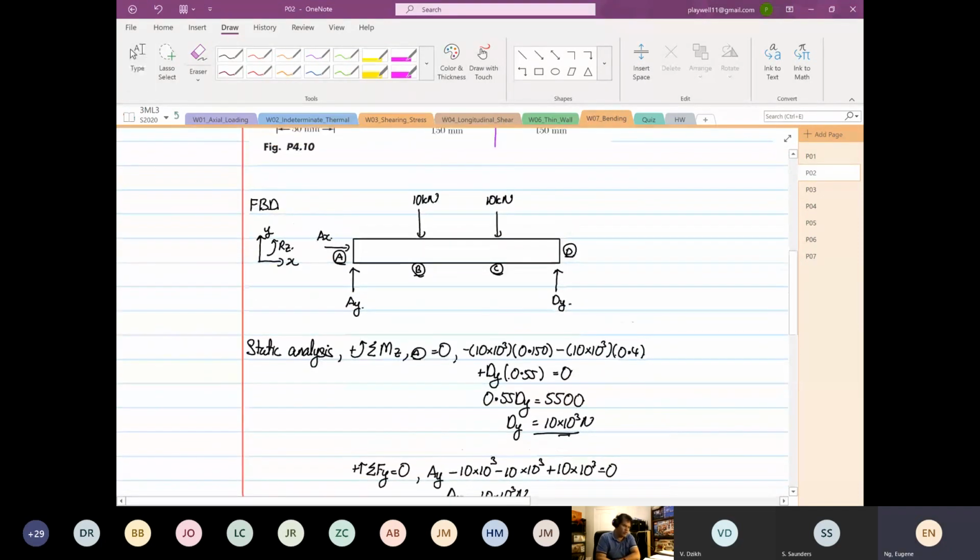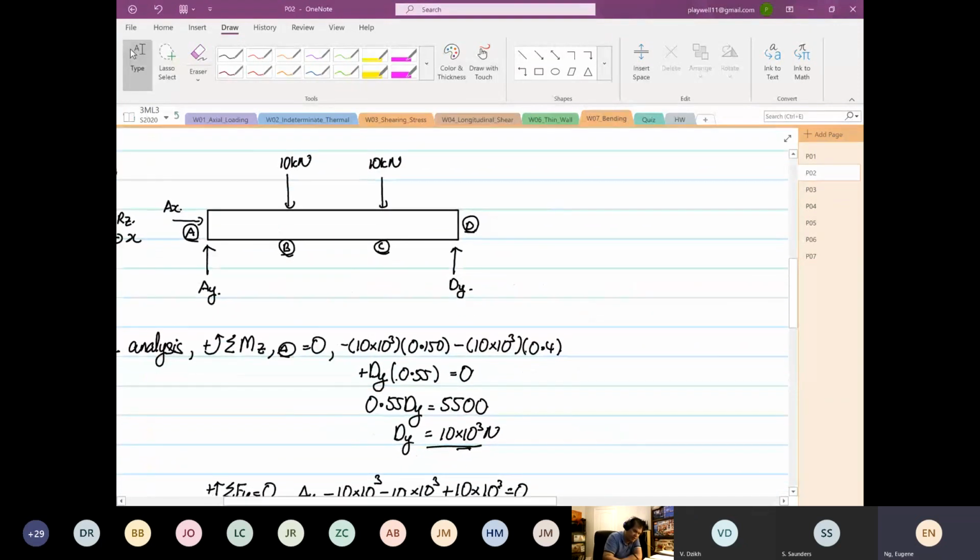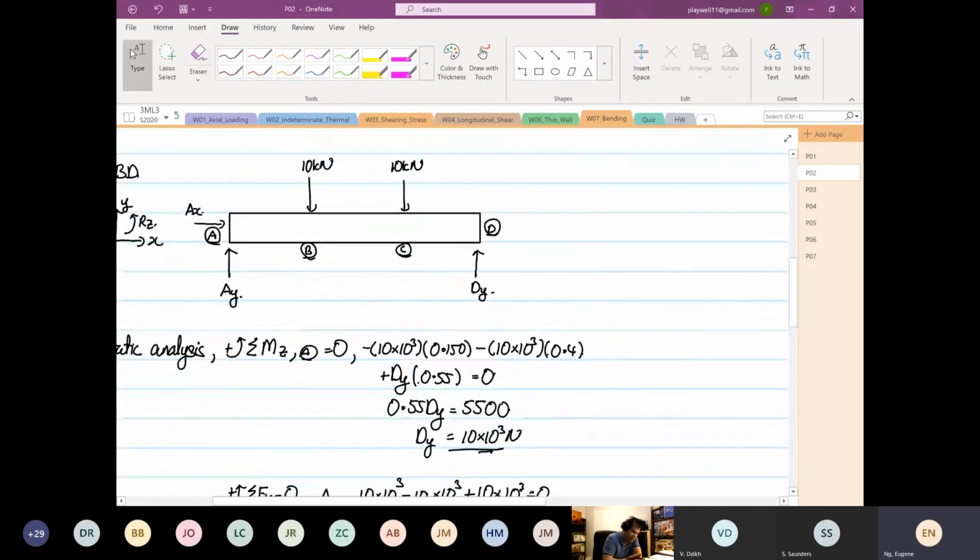So there's another way to do this. There's an alternative, a quicker way. If you are comfortable with this, do it. You can specify that Ay is also equal to Dy, based on geometry and loading.